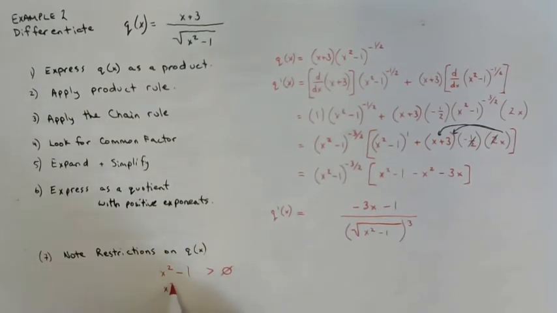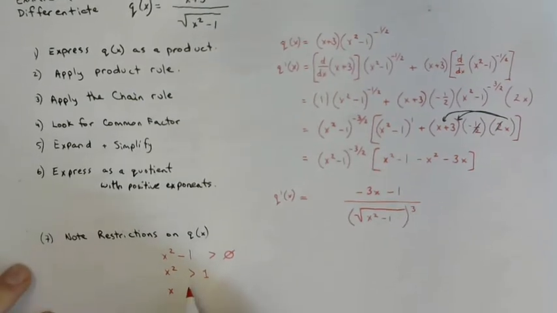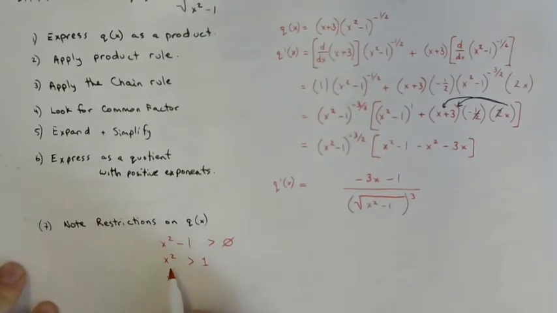And that means x squared must be greater than 1, which means x, there's 2 possibilities, because negative 1 squared is 1, and 1 squared is 1. So x has to be less than negative 1, or x has to be greater than positive 1.